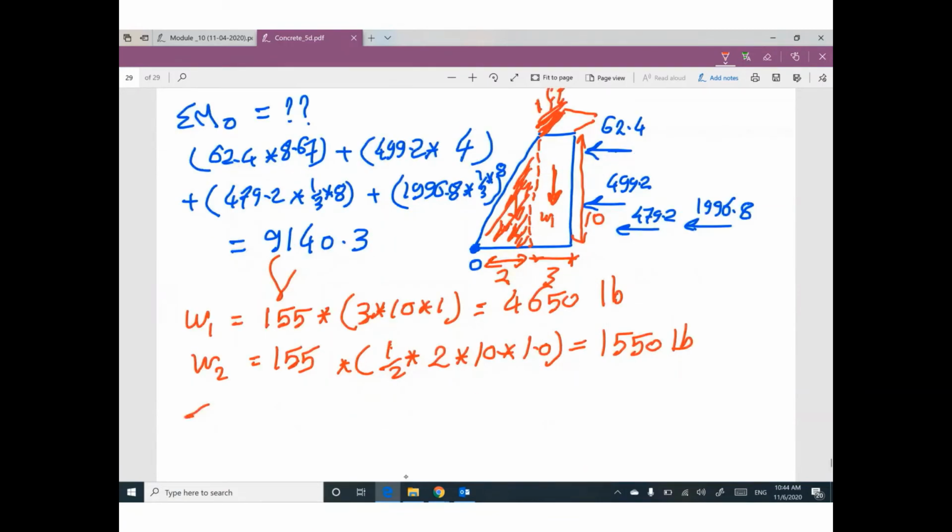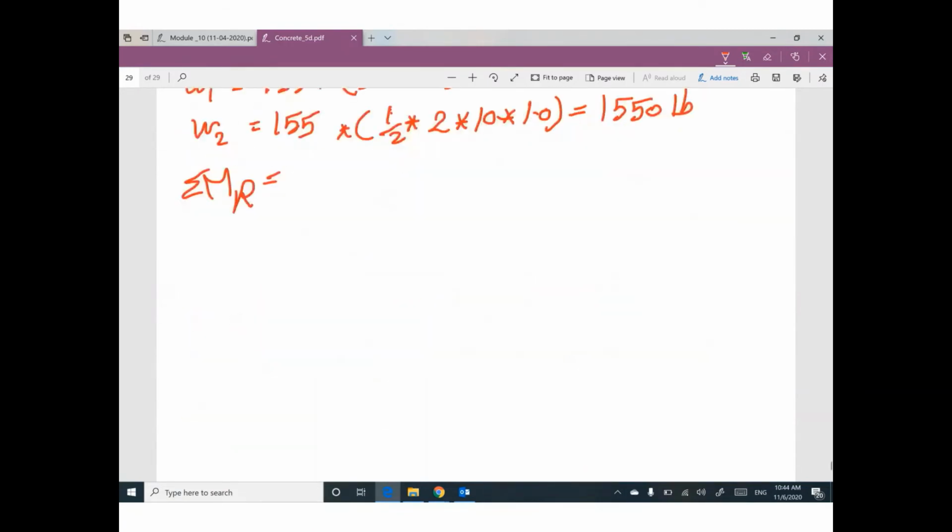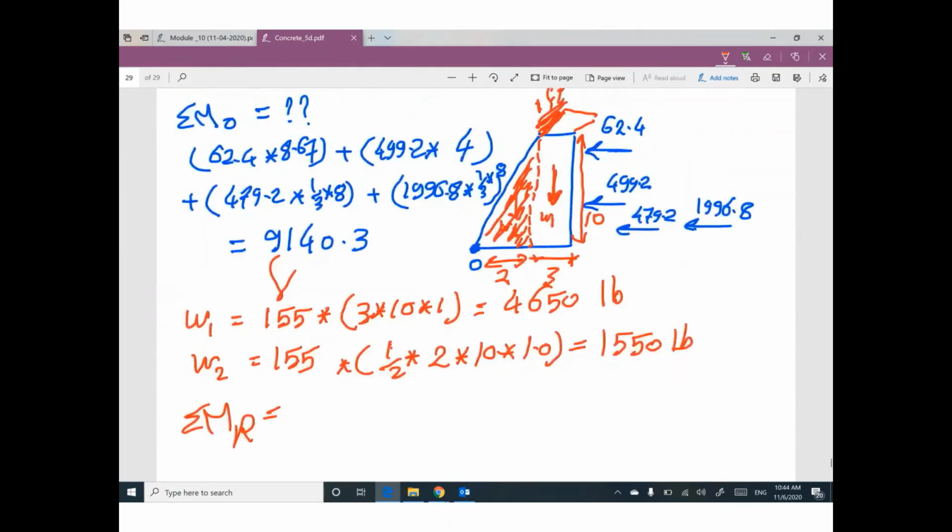Summation of M resistance. What is the distance between W1 and point O? What is the distance between W2 and point O? I think the distance between W1 and point O will be 3.5. So 4,650, which is W1, times this distance, 3.5, plus the second weight, W2, 1,550.